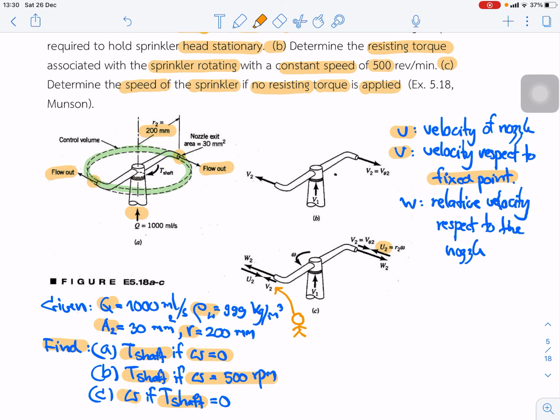And W is the relative velocity with respect to the nozzle. So if you sit on the nozzle, you are going to see the flow out from the nozzle with the velocity W2.